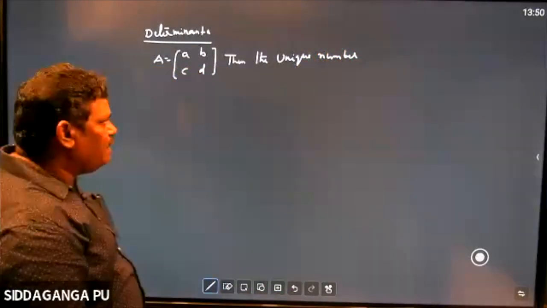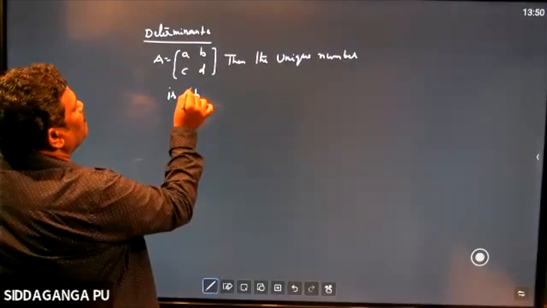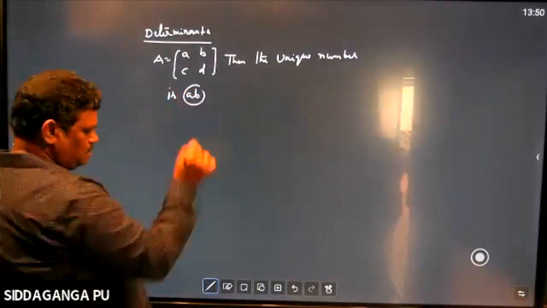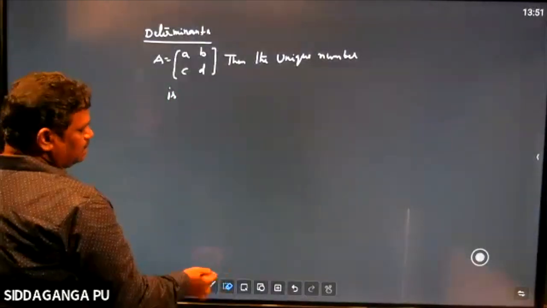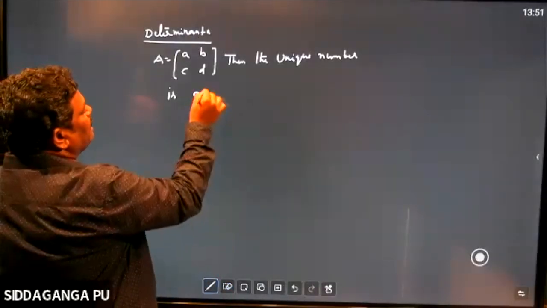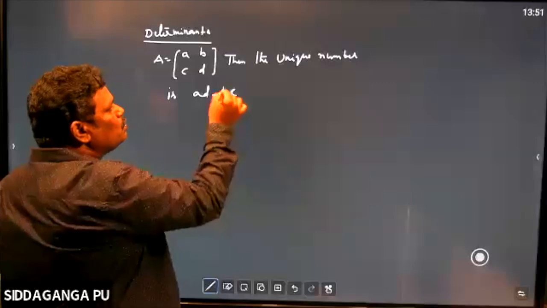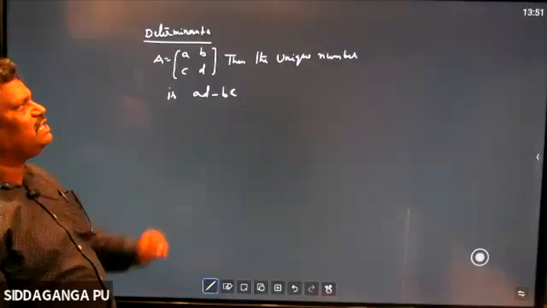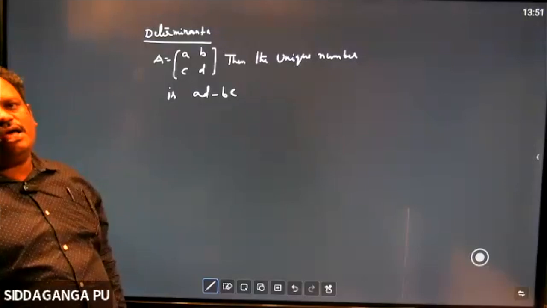The unique number is AD minus BC. This value, AD minus BC, is called the determinant of the given matrix.